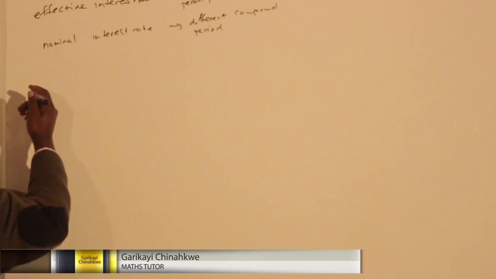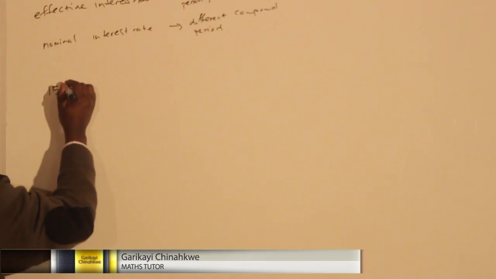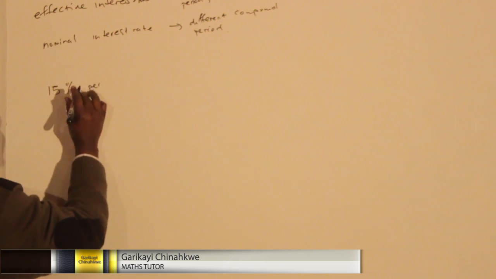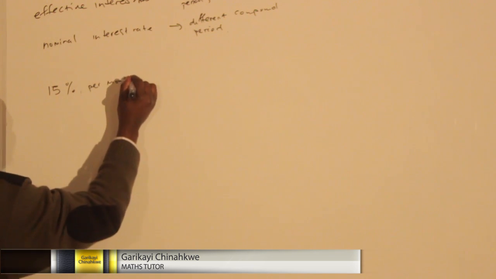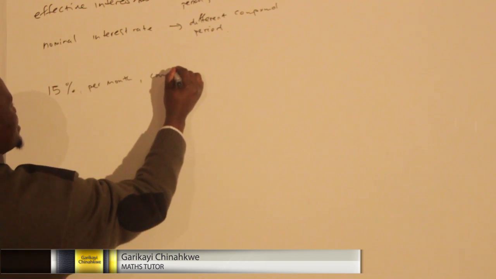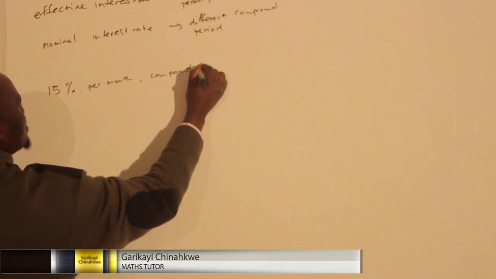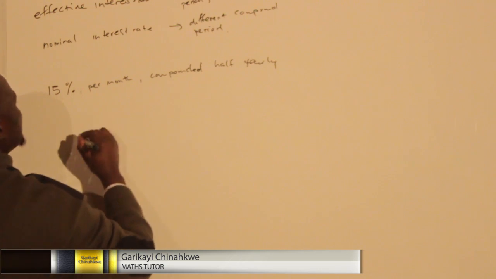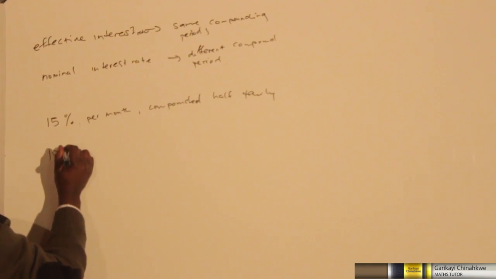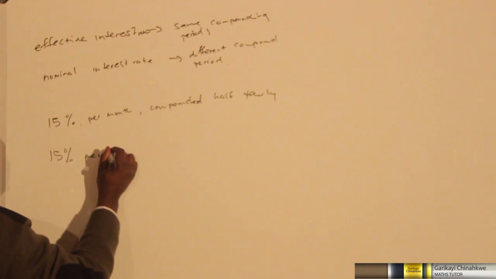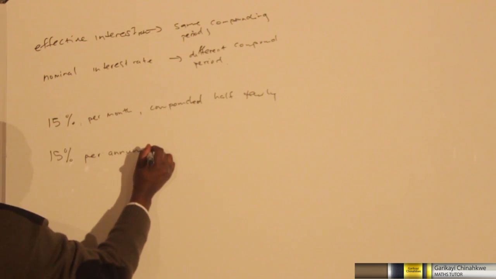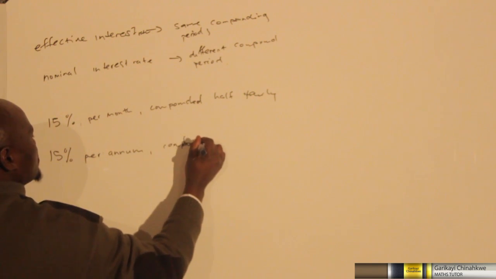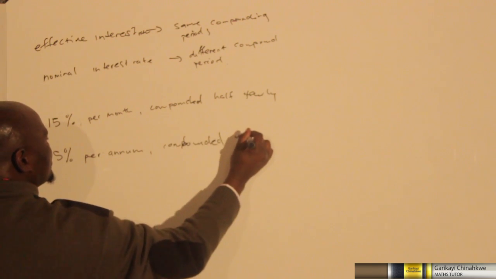For example, if someone says 15% per month, compounded half yearly, and then someone says 15% per annum, compounded yearly.